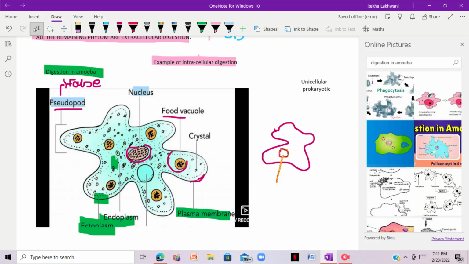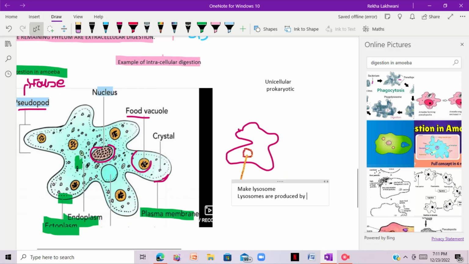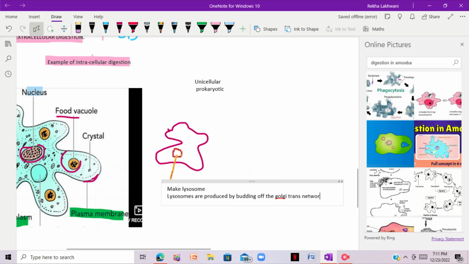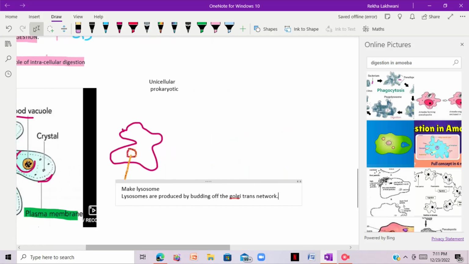Now, what are lysosomes? Lysosomes have a very crucial part in the digestion of amoeba. Lysosomes are organelles which contain special hydrolytic enzymes that are important for the digestion of food.